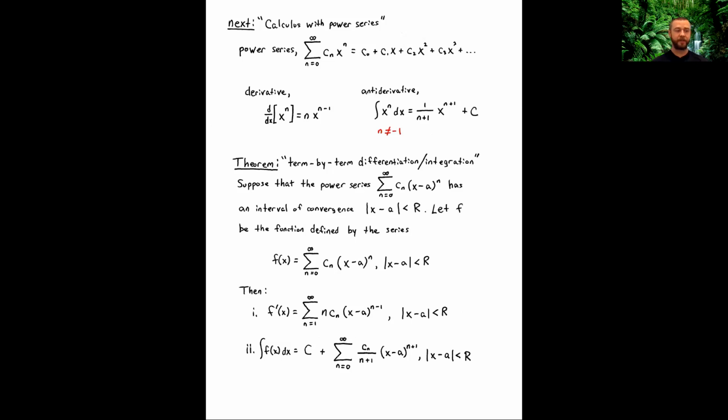So if we get into the precise statement of the theorem, it starts with a power series representation that has a known interval of convergence, and we're writing it in absolute value notation as absolute value of x minus a is less than r, where r we refer to as the radius of convergence. The other part of what this theorem supposes is that we have a function, f of x, that we are defining to be this power series. In other words, we're representing f of x as a power series.